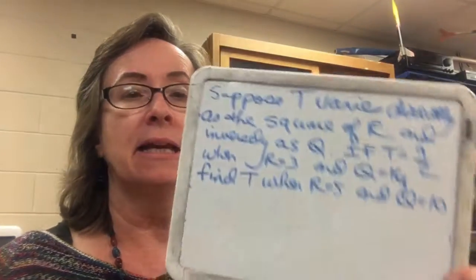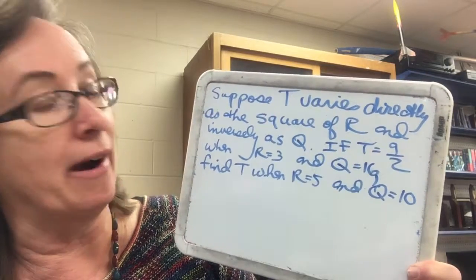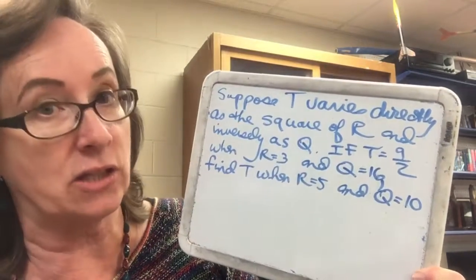All right, so we're going to have 2 more problems. One is going to be a joint variation. One is going to be a combined variation. This first one says, suppose that t varies directly as the square of r and inversely as q.